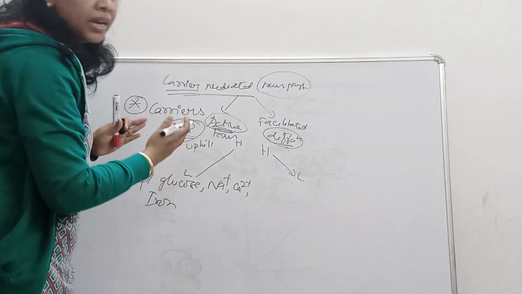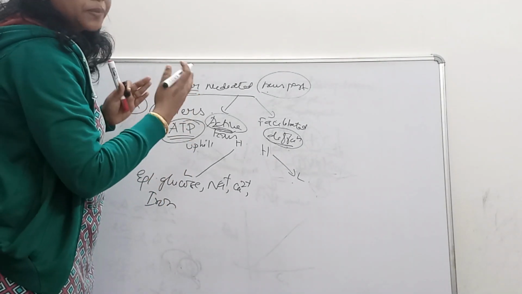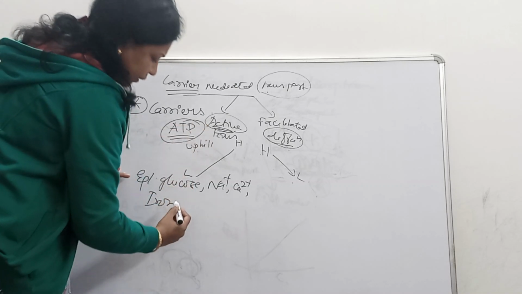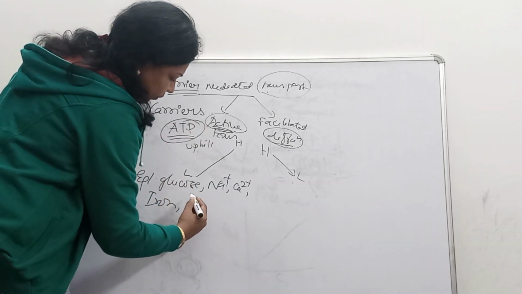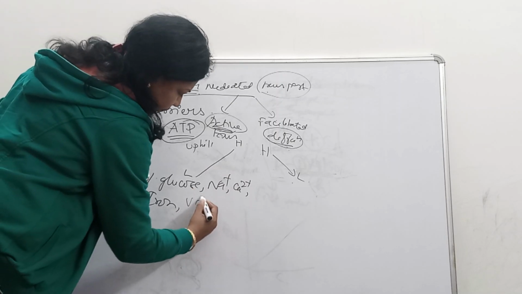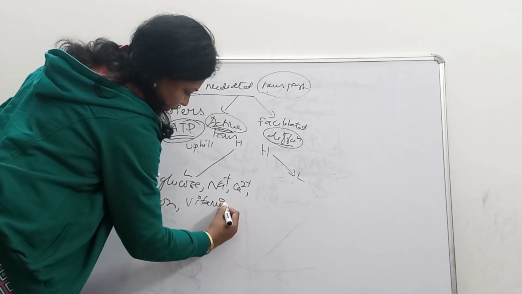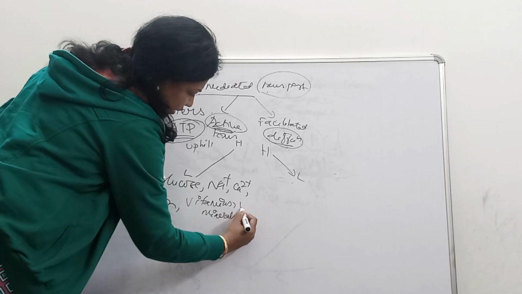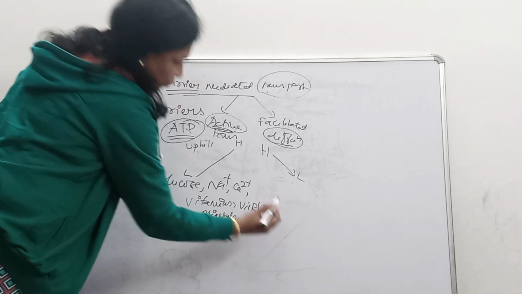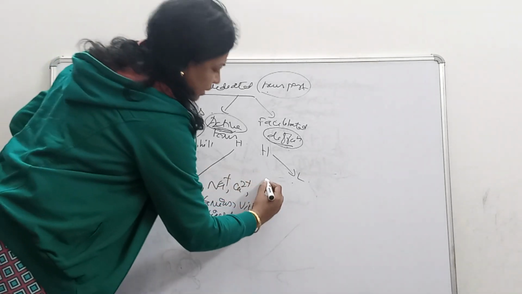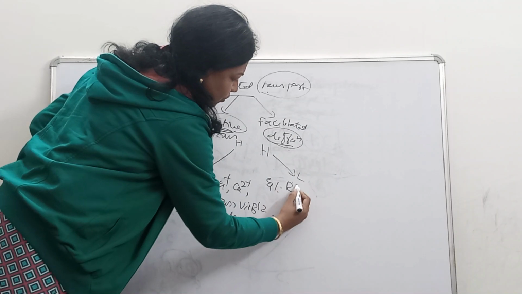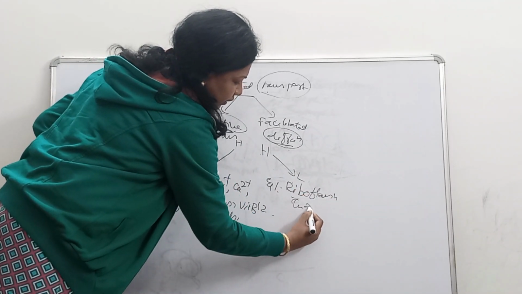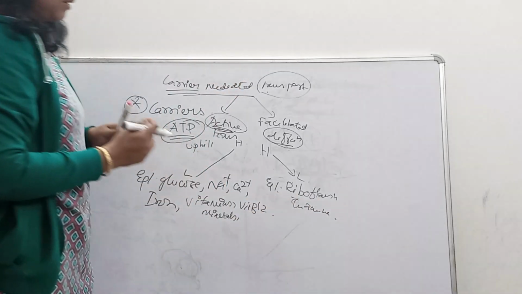Most of the endogenous substances already present in the blood are transferred by active transport, along with some vitamins and minerals, vitamins like vitamin B12. Whereas examples of drugs that undergo facilitated diffusion are riboflavin, thiamine, etc.